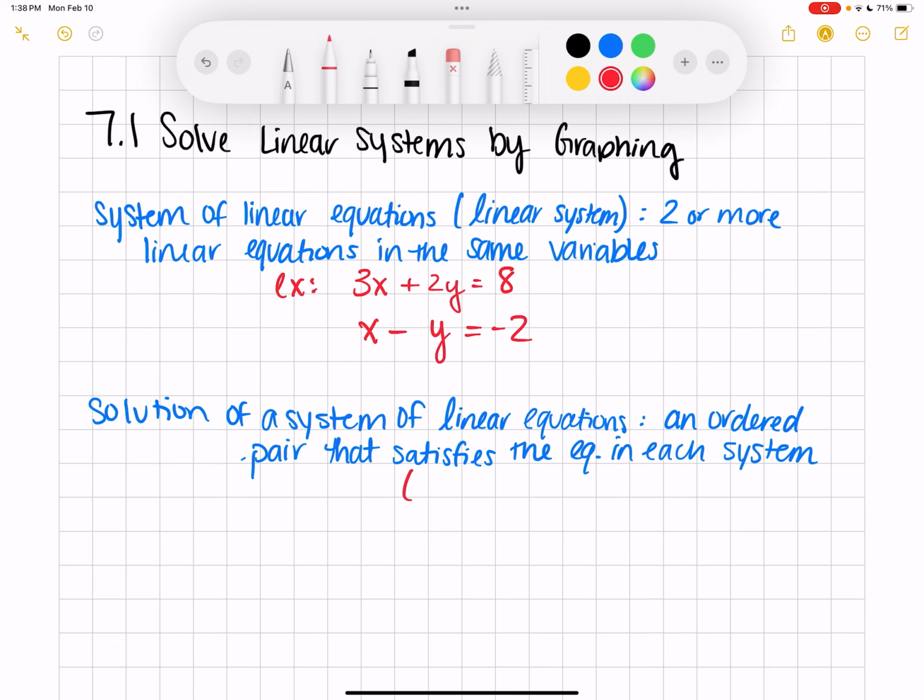So it'll be an XY ordered pair that solves it.